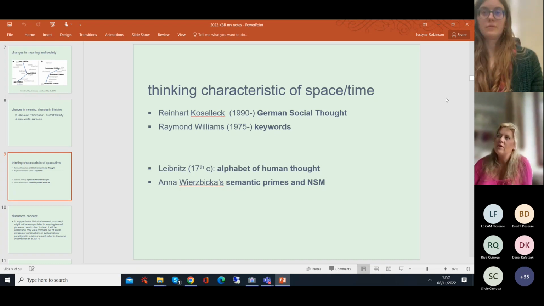So one of the questions in the Linguistic DNA project for us was how to get to those large ideas, large concepts in a bottom-up manner. How to understand what it meant to be, let's say, a 16th century citizen for that person.